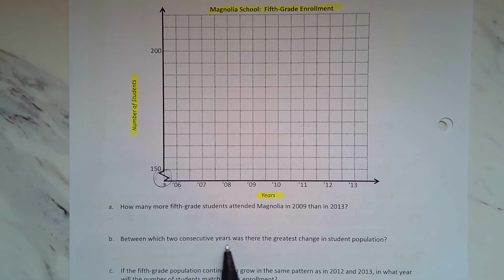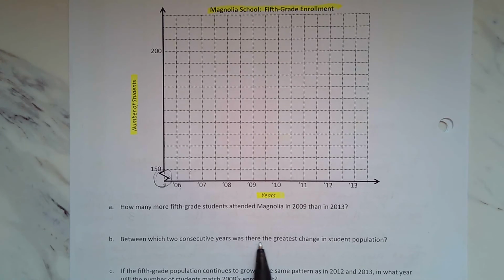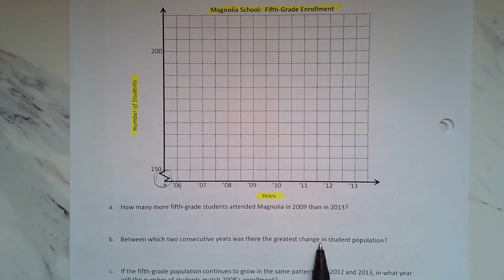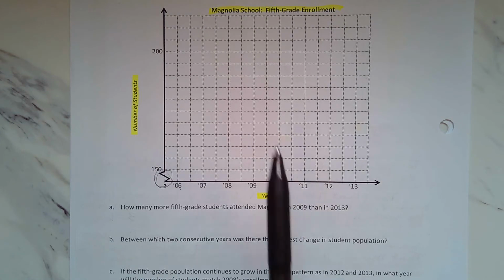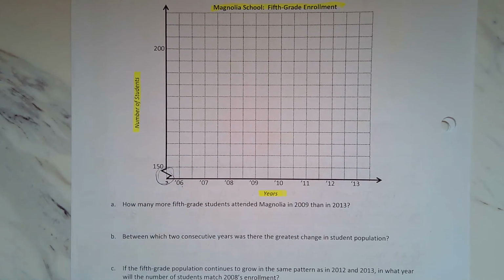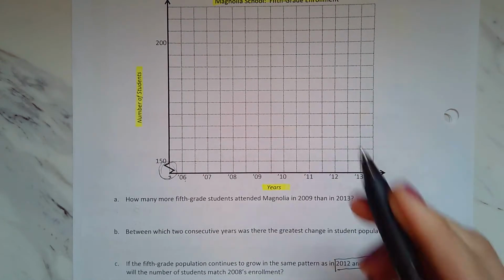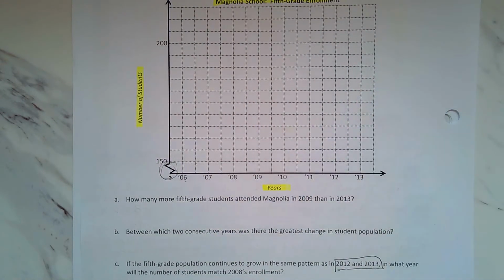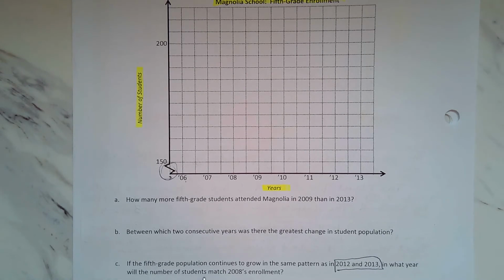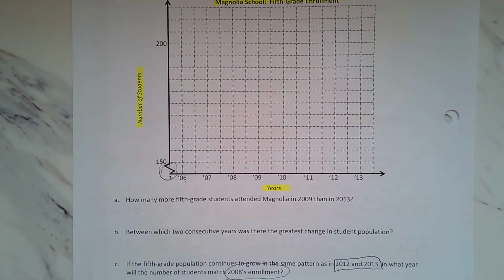Between which 2 consecutive years was there the greatest change? Using the graph. If the fifth grade population continues to grow in the same pattern from 2012 and 2013, based on what you know, based on the graph, in what year will the number of students match 2008's enrollment?